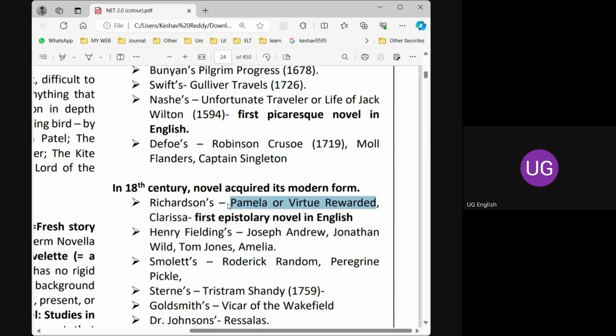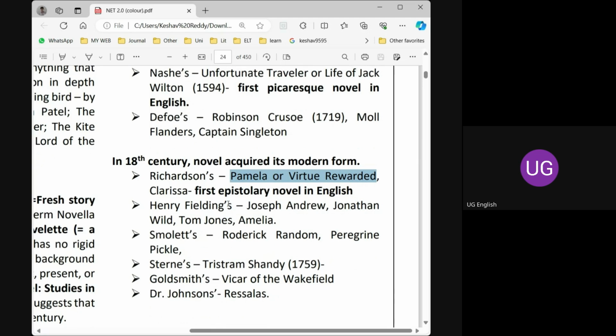She is a servant in the house, and Pamela's virtue is rewarded at the end. Her great quality is admired. So that is the story of Richardson's Pamela. Very important novel. I have given the summary also. You can go to the literature page on Samuel Richardson and read the summary in advance. So Pamela, Virtue Rewarded. Don't forget, Pamela is a virtuous girl full of virtues, and her virtue is rewarded at the end of the novel.